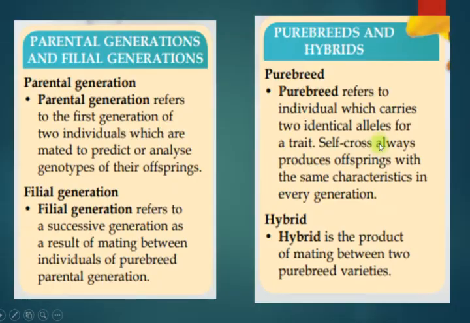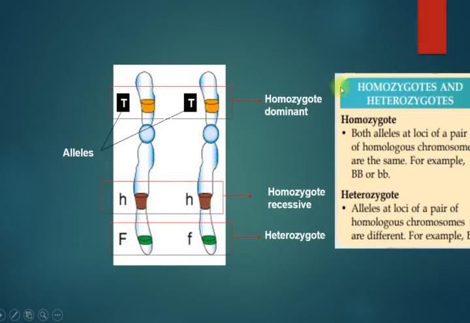We go to the homozygotes and heterozygotes. Homo means same, hetero means different. What is a homozygote? Both alleles at a locus of a pair of homologous chromosomes are the same.